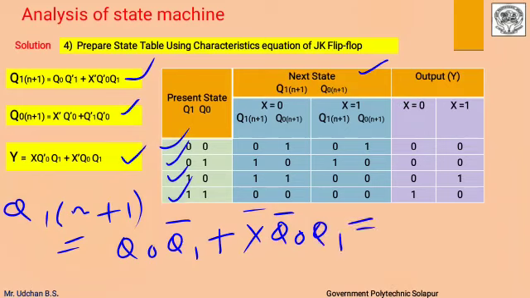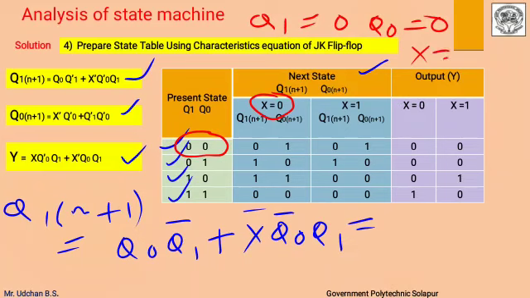So for the first case I will write the present state values of Q1 as 0, Q0 as 0, and the value of X is 0. Put all these values in the given equation.